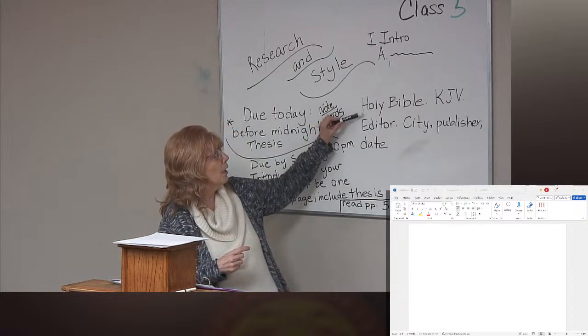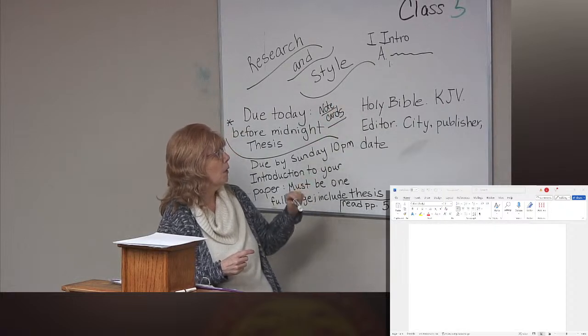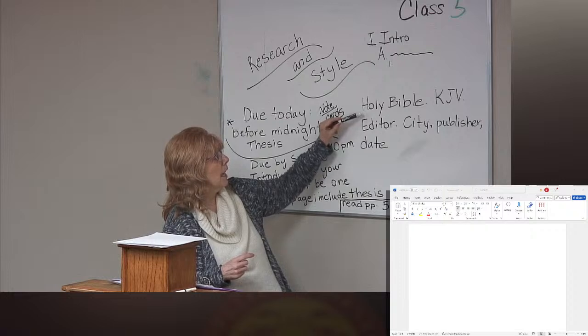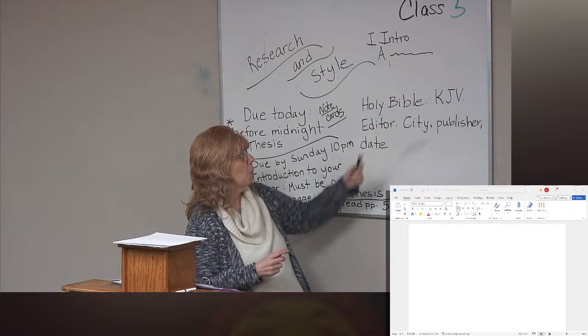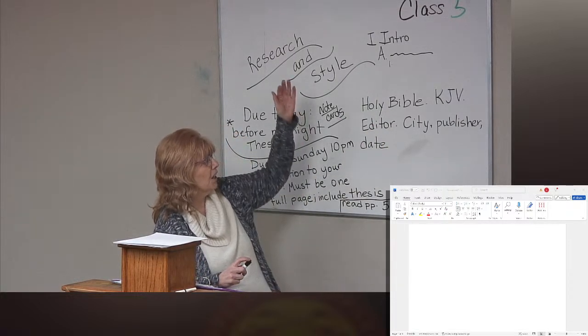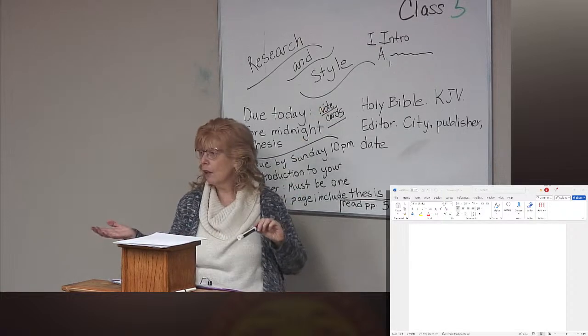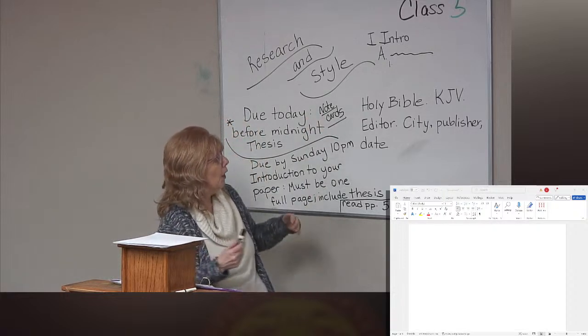So whatever the name of your Bible is, or if you just want to put Bible, that's fine. Just remember, whatever this first letter is, that's how you're going to alphabetize it. So if you start with Bible, it will be alphabetized with B, but if you start with I for Illustrated, it will go that way.